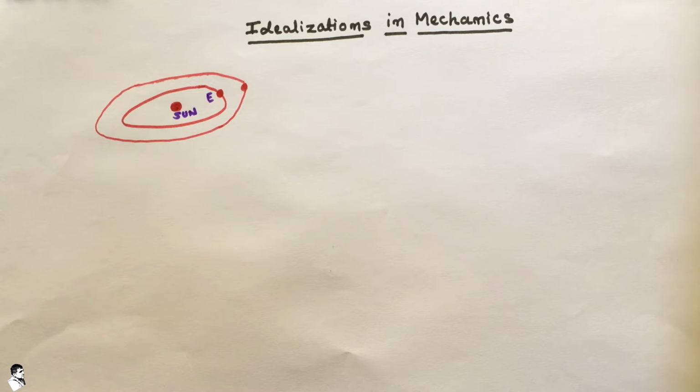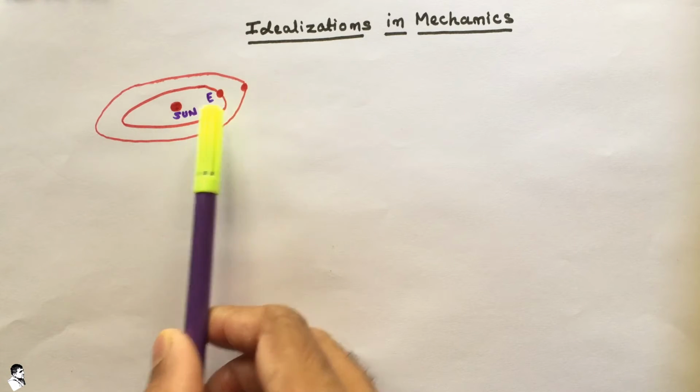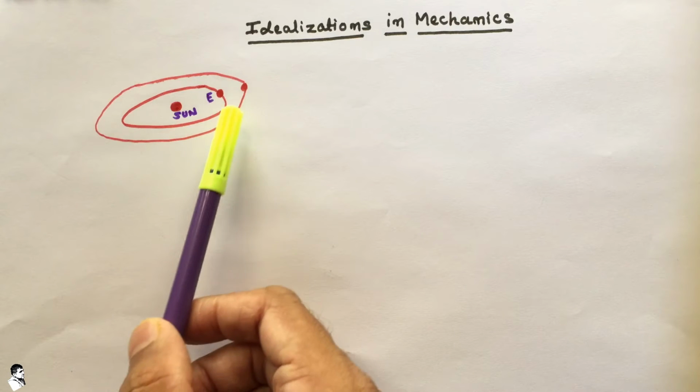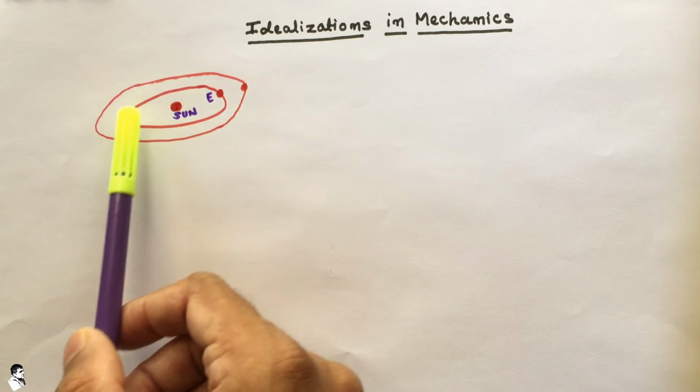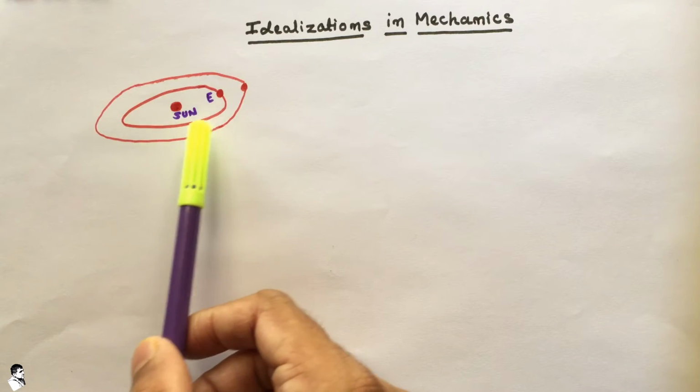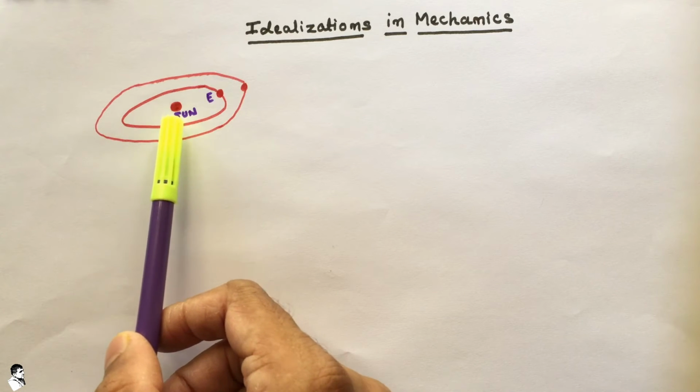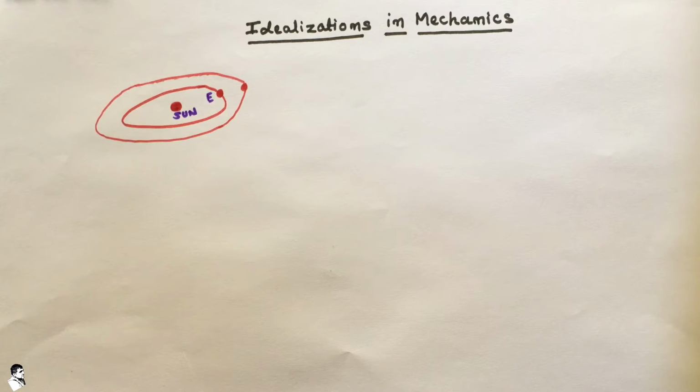To study the motion of a planet, take earth as our planet, and we want to study the motion of the planet around the sun. So the planet, or the earth, is idealized as a particle with whole mass lumped at a single point.